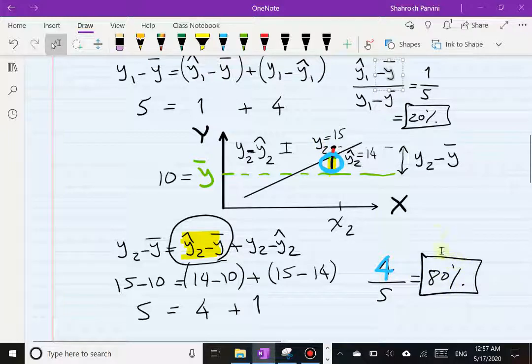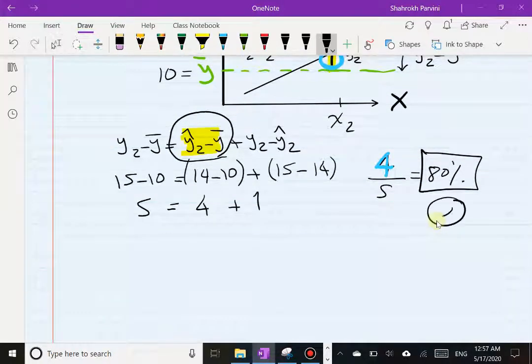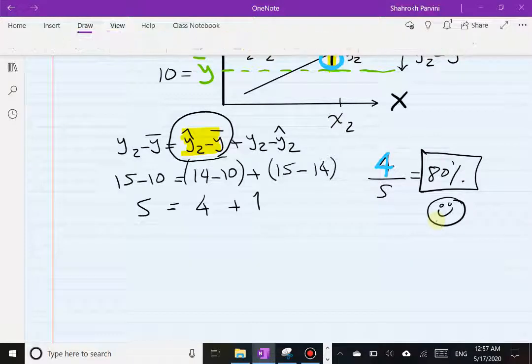Ideally we would like the predicted value to be as close as possible to the observed value. That means we would like to have high percentages. Okay, so there you go. That's ideal.